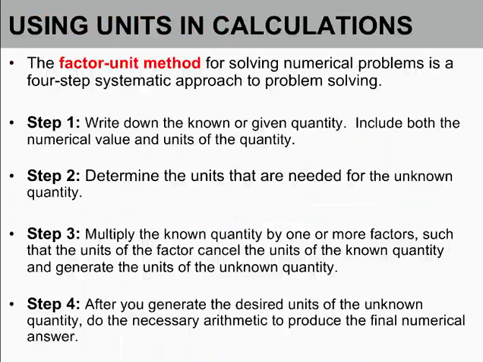So now we're going to discuss how to perform calculations in chemistry. And we use something called the factor unit method, or you might have heard the term dimensional analysis before. So there's 4 steps for using this method. So in step 1, we want to write down the known or given quantity.